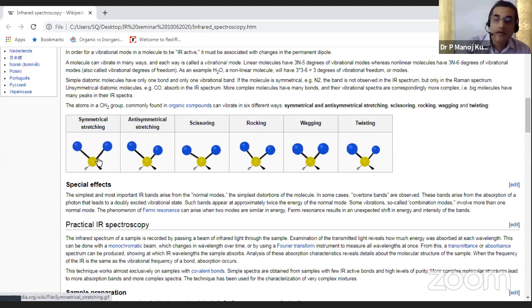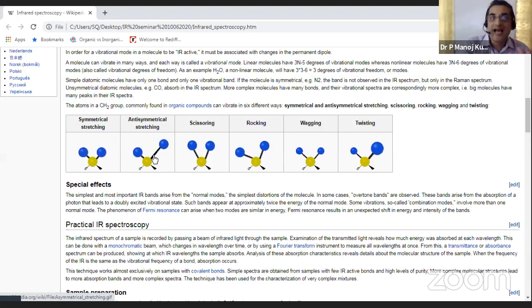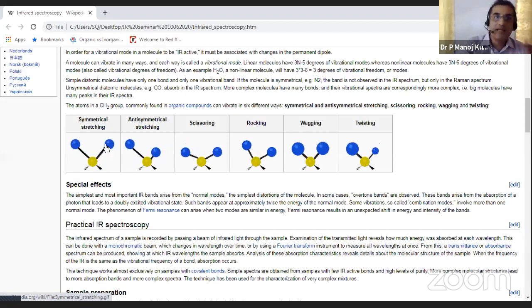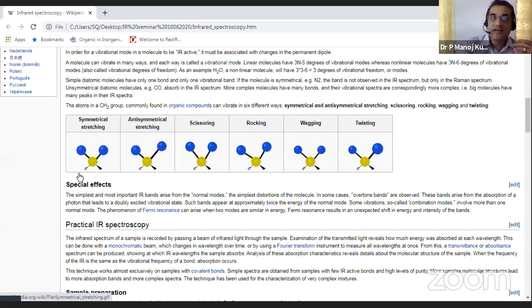Further, you can divide the stretching vibration into two types. One, you call symmetrical stretching, and another one, anti-symmetrical stretching, or in short, asymmetrical stretching. What is happening in a symmetrical stretching? Both the atoms move out, come back together. At a time, the distance between the carbon and hydrogen in both cases will be the same.